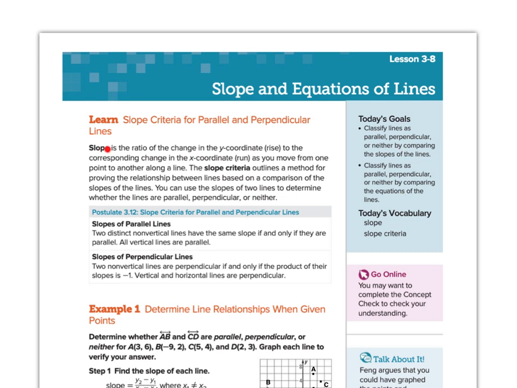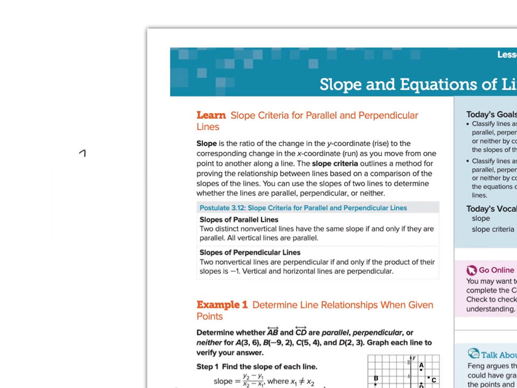So remembering, slope is the ratio of the change of the y over the x values, often called the rise over the run. It's a ratio. Slope is historically written with the letter m, and the ratio is nothing more than a fraction of the rise over the run, which means how far do we go up and down over how far do we go left or right.